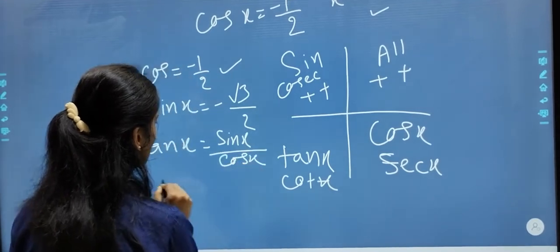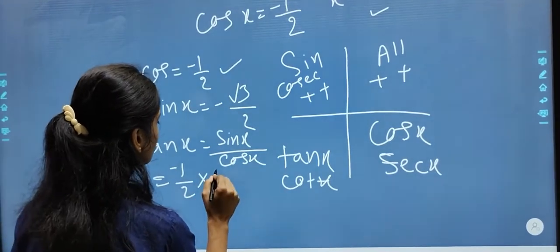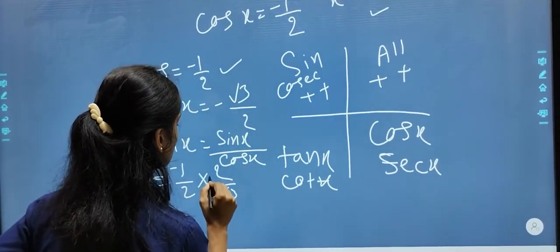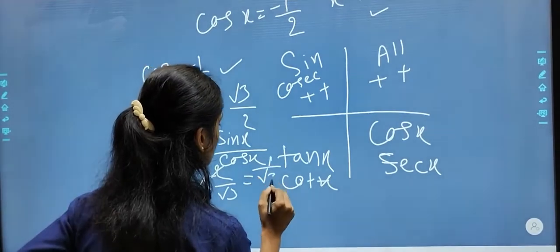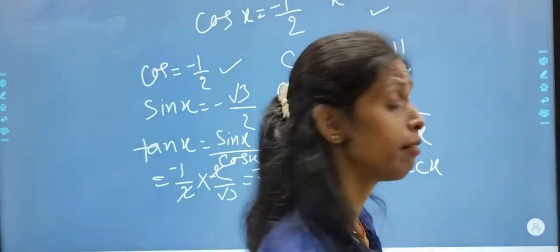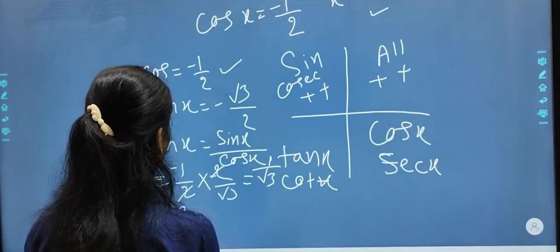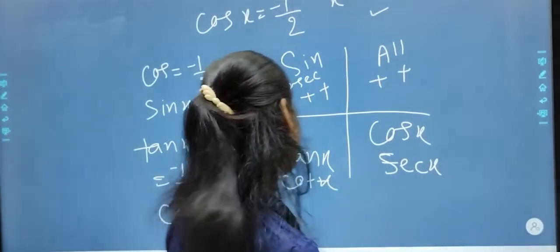Then it will be minus root 3 by 2 into minus 2, so 1 by root 3 will be tan x, positive here, whereas cot x will be the opposite of tan, that's why root 3.